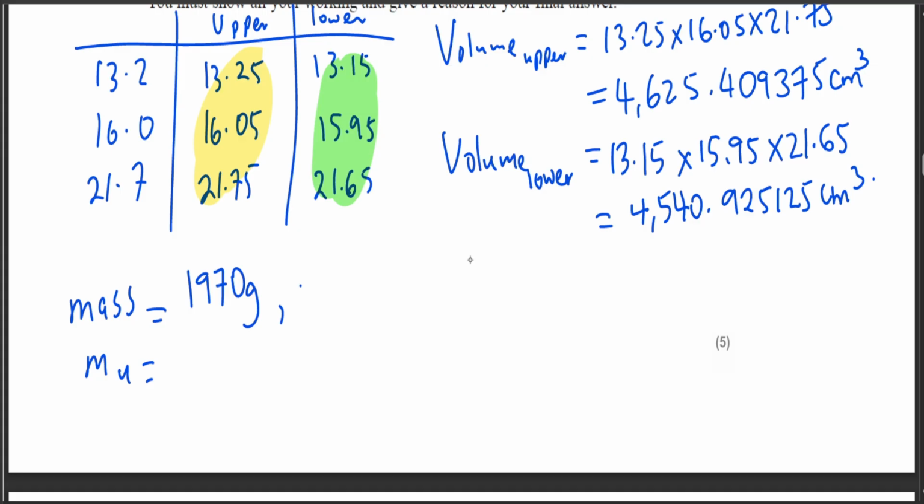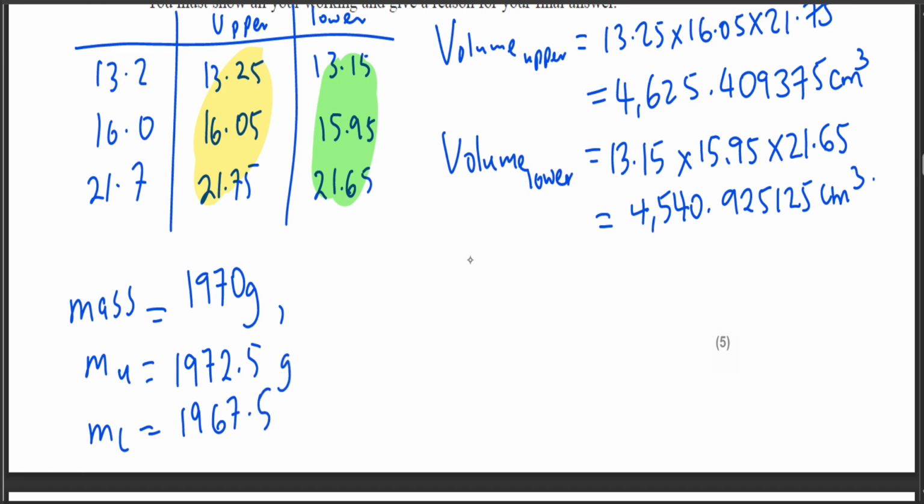So your upper bound is going to be 1970 plus 2.5, which is now 1972.5. The lower one is supposed to be minus 2.5. So 1970 minus 2.5 is going to give you 1967.5.